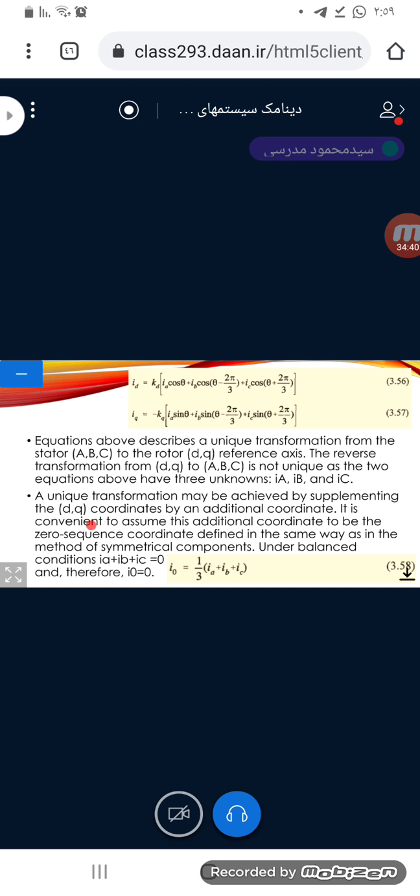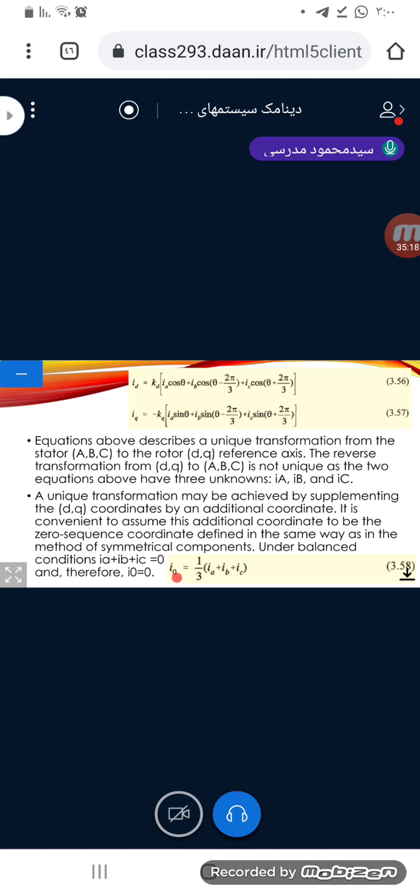It is convenient to assume this additional coordinate to be the zero sequence coordinate, defined in the same way as in the method of symmetrical components. Under balanced condition, IA plus IB plus IC is equal to 0, and therefore I0 is equal to 0.